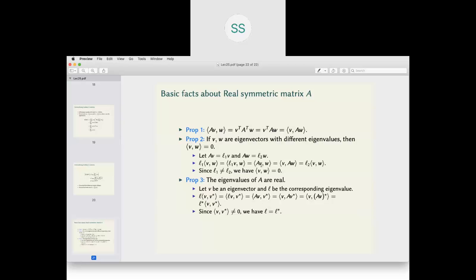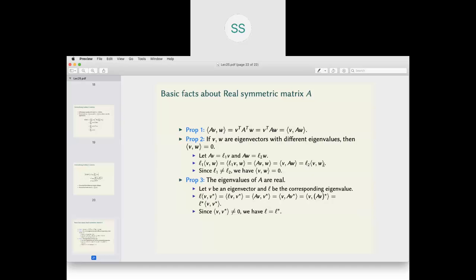And by proposition 1, we have the inner product of Av comma w is the same as the inner product of v comma Aw. And Aw is L2 w because of the eigenvalue property. And now we can take the L2 outside. So we started with L1 multiplied by the inner product and we ended with L2 multiplied by the inner product.